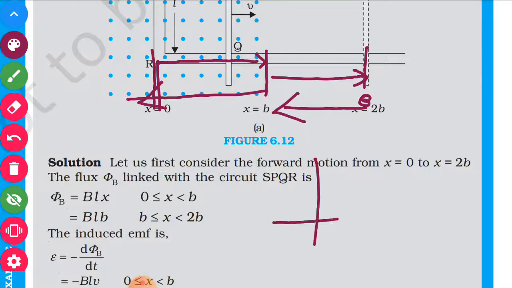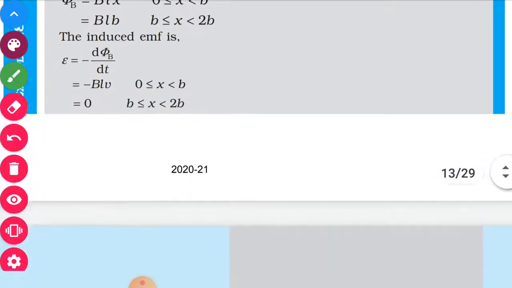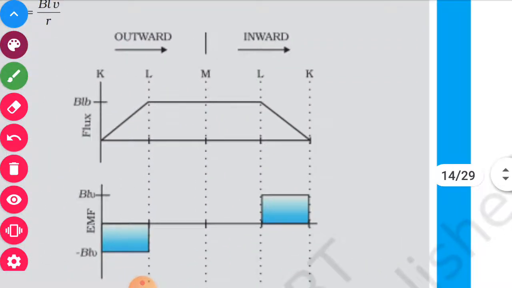So the graph will be: flux increases up to x is equal to b, then remains constant up to 2b, then again you come to b and then it reduces. That is explained here: K to L, flux increases; L to M, M to L again, the flux remains constant; and L to K, the flux reduces.